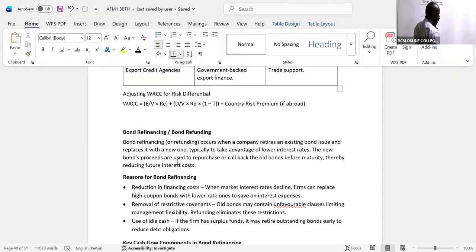I will read very slowly in a way that you'll be able to follow. It has been updated. So bond refinancing or refunding, don't write, occurs when a company retires an existing bond issue and replaces it with a new one, typically to take advantage of lower interest rates.